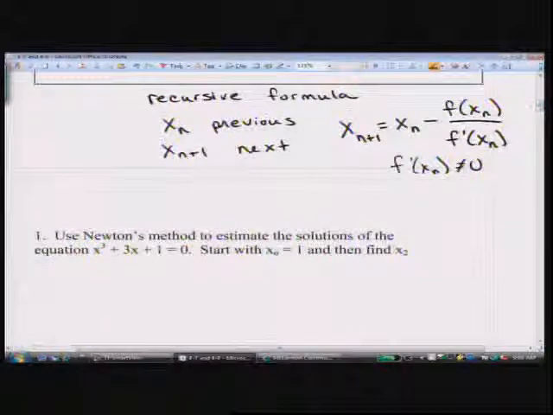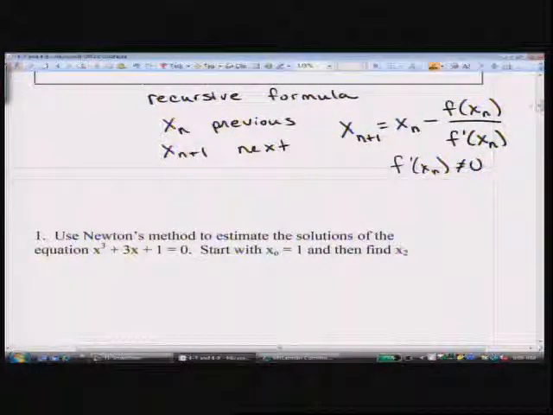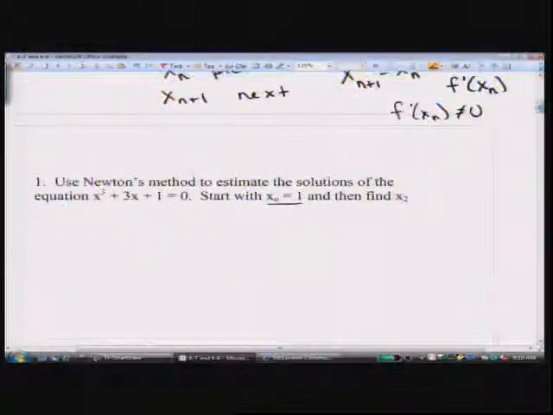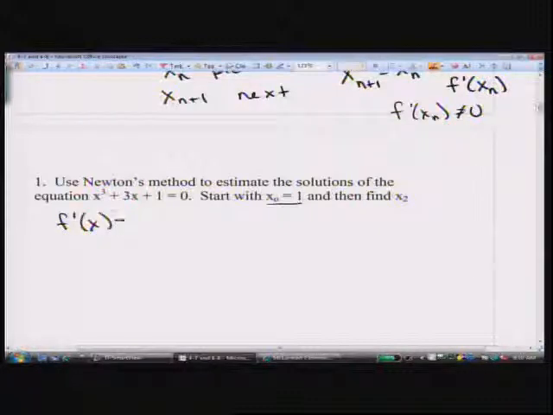Okay, so let's use Newton's method to estimate the solutions of the equation x cubed plus 3x plus 1 equals 0. And they give us the initial value, and they just want us to find x2. So let's see if we can go through the process here by hand. All right, so the first thing we know is that we need to figure out what the derivative of this function is, which is just 3x squared plus 3.